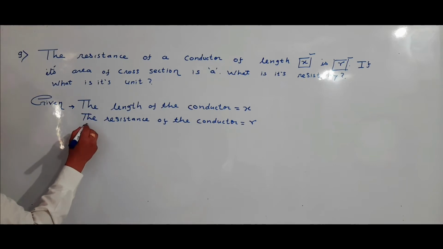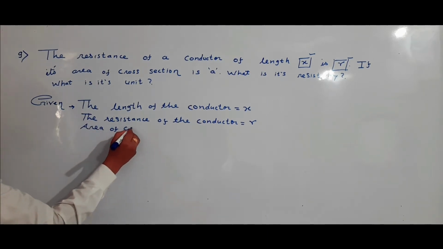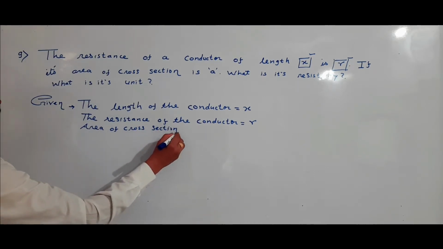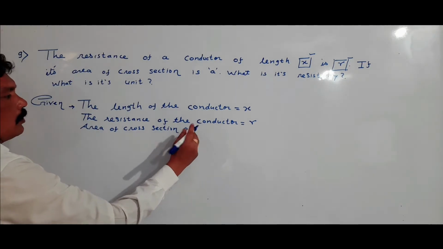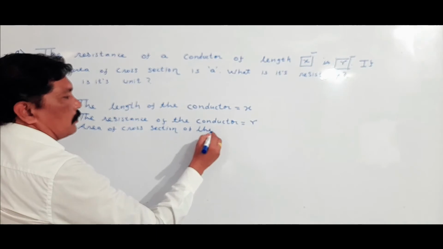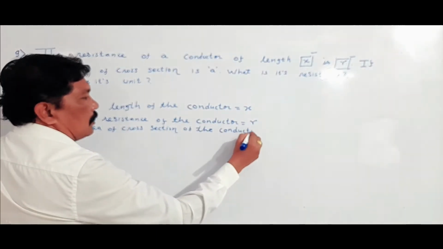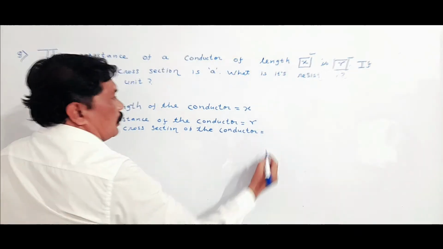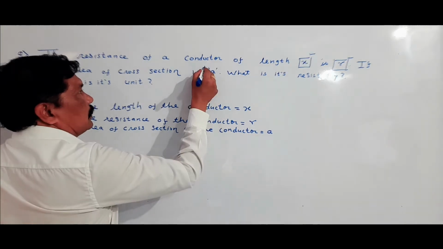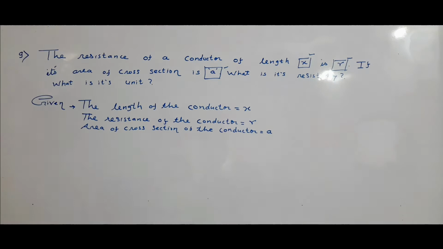Area of cross section of the conductor is given and it is small a.